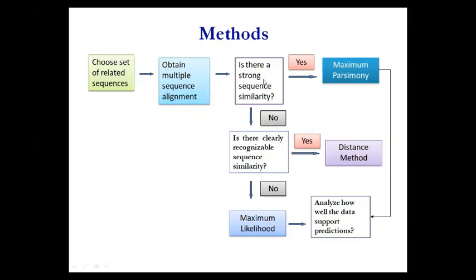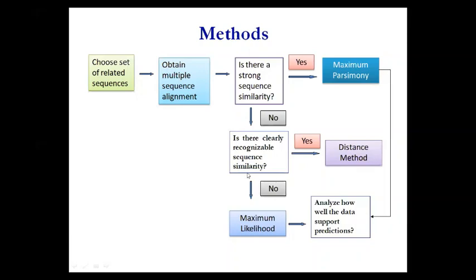And if the answer is yes, then you select a method of phylogenetic analysis known as maximum parsimony. If the answer to this query is no, that means you do not find large-scale similarity among the sequences, then the method of analysis will be distance matrix methods.